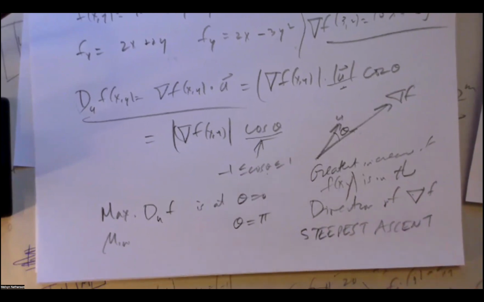And where it is decreasing most rapidly, or the steepest descent, is in the direction of minus the gradient. So the gradient vector of a function at a point tells you the direction at which it is increasing most rapidly.